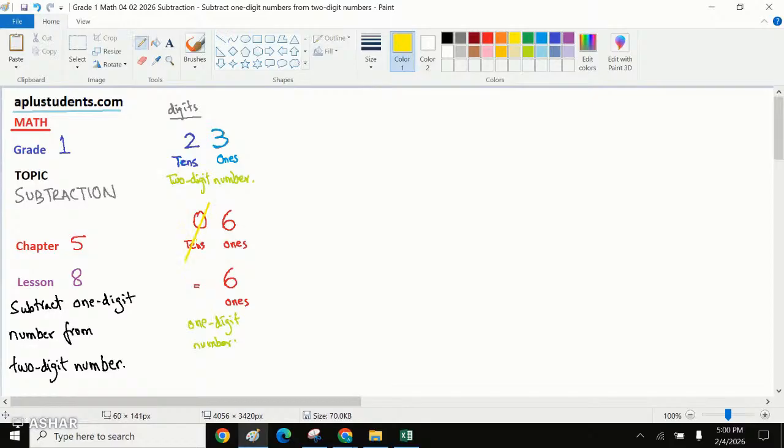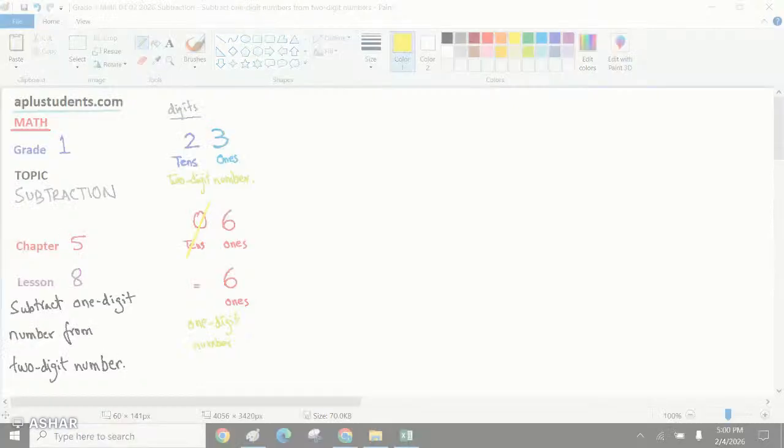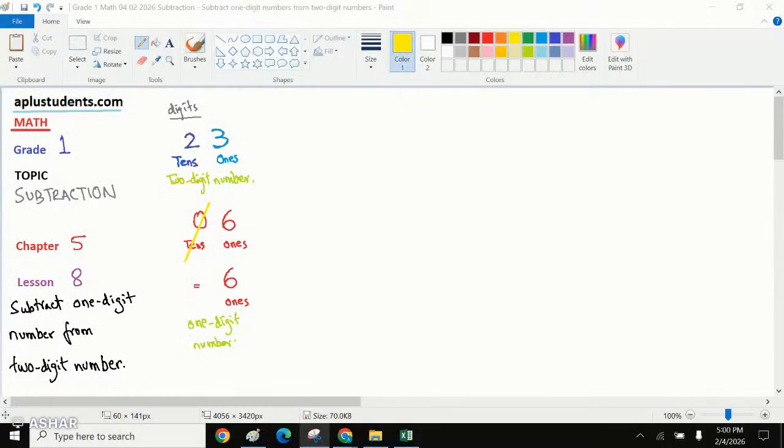So the first question we have is, hi students, welcome to the class. The first question says, I'll just copy that, then I'll explain. So the question number 1 says subtract. This is our question number 1. It says 16 minus 4.